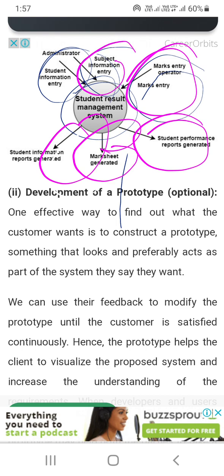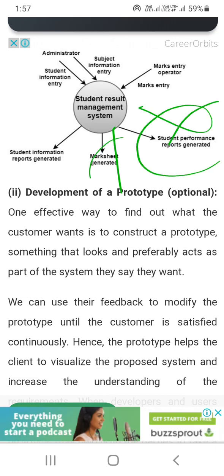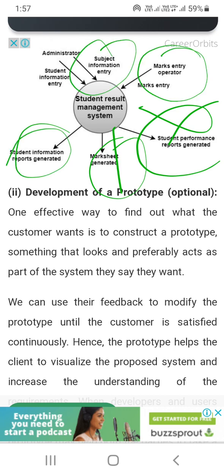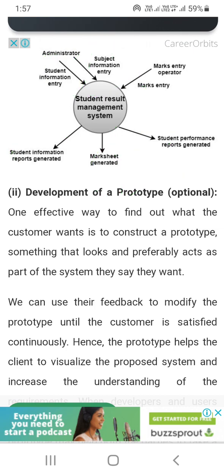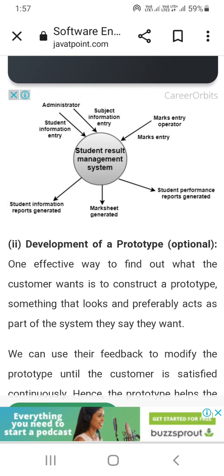So here you can see that this is the student result management system. Okay, and here, what the student needs is to manage the student mark sheet, and then student information, mark entry, subject information, administration. So this is the student result management system.